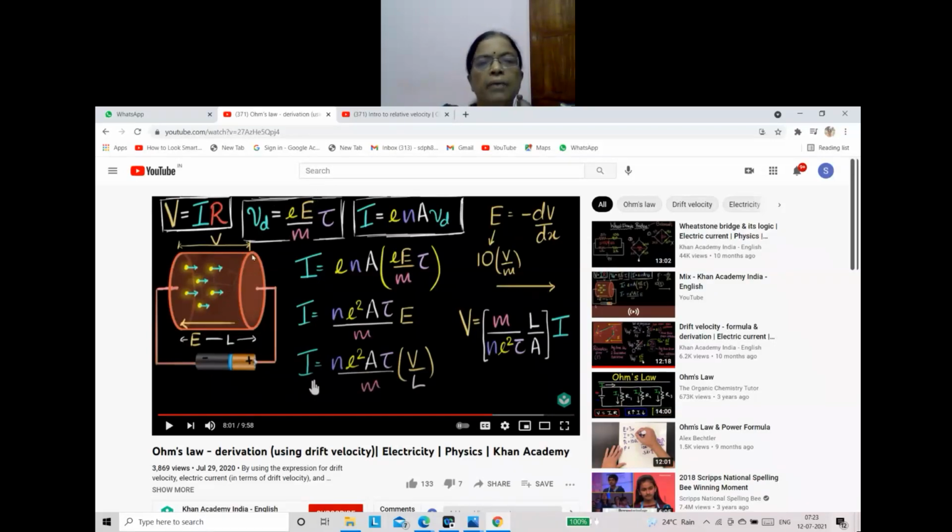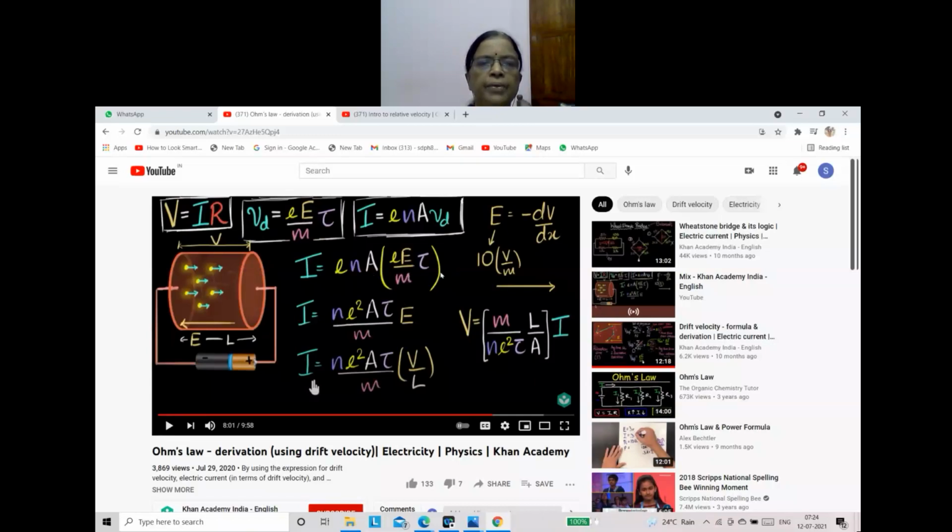So how can you derive Ohm's law from this? We have this equation, and we know Vd is this, and we also know E equal to V by L. Just substitute those values. I equal to nAeVd. Always remember that formula. Vd we substitute here, E by m into tau.